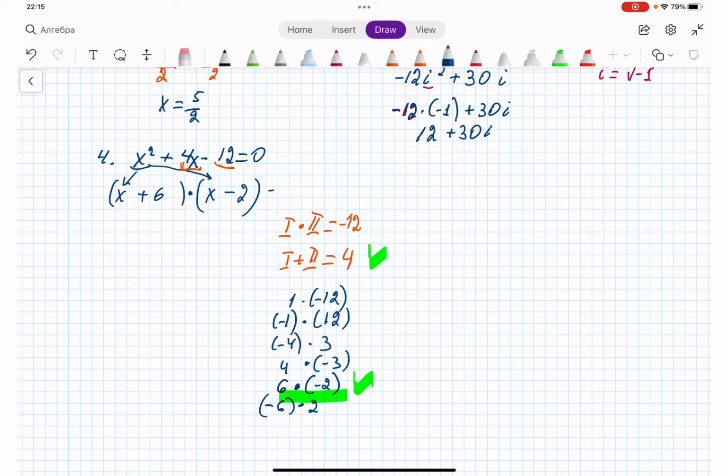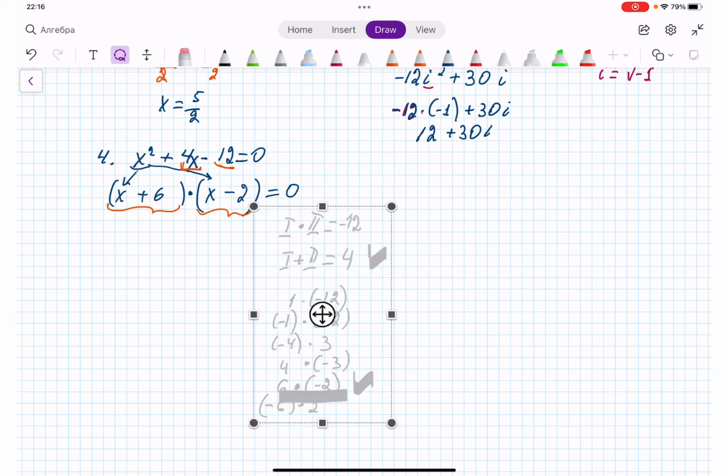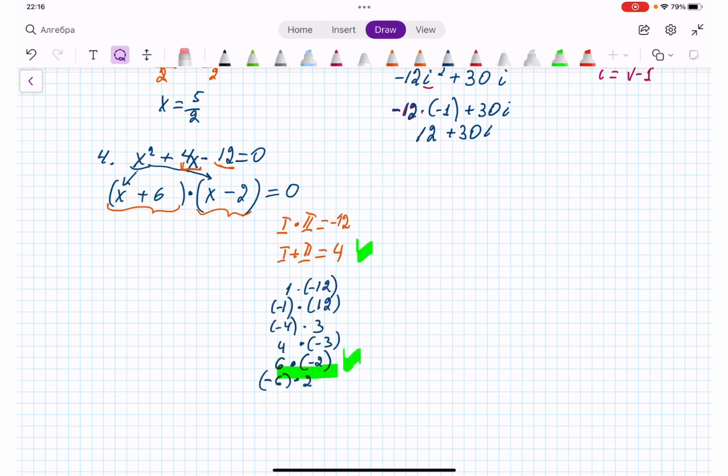Equals 0. Once we found these numbers, since we have multiplication of two parentheses equals 0, that means either the first parenthesis equals 0 or the second one equals 0. Otherwise, the product cannot be 0, right? Therefore, let me shrink this.